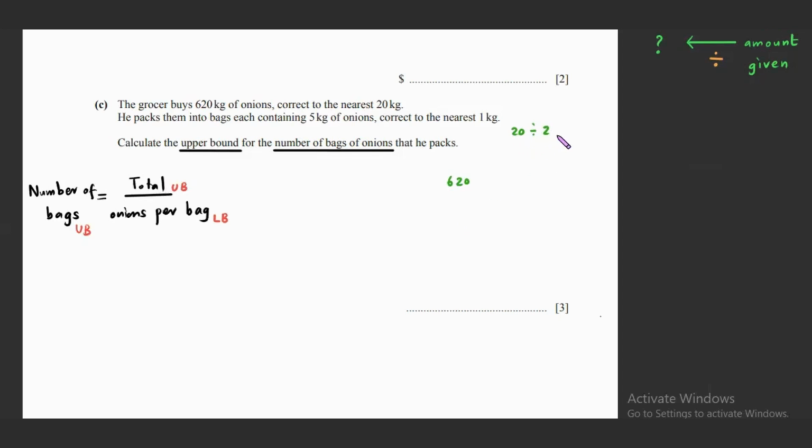So 20 divided by 2 is equal to 10, which means if I'm to calculate the upper bound, I need to add 10. If I'm to calculate the lower bound, I need to deduct 10.